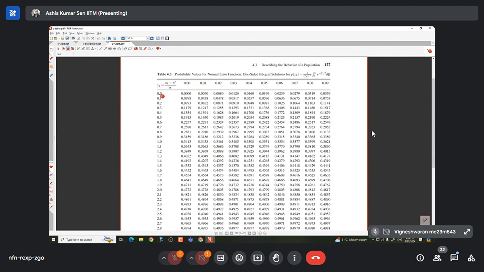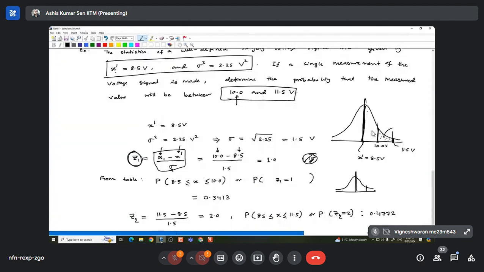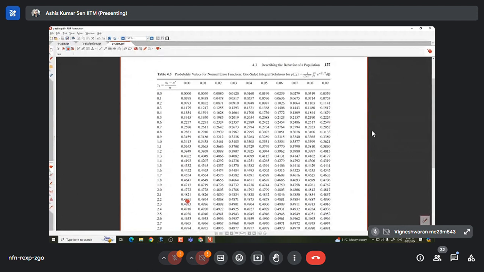So here Z1 is 1.00, you go here and you get 0.3413. Similarly, in the second case, your Z variable happens to be 2.0, so you go to 2.00 and you read 0.4772.